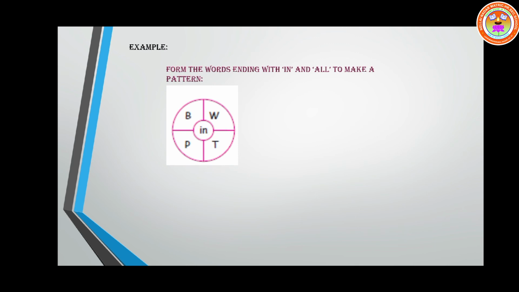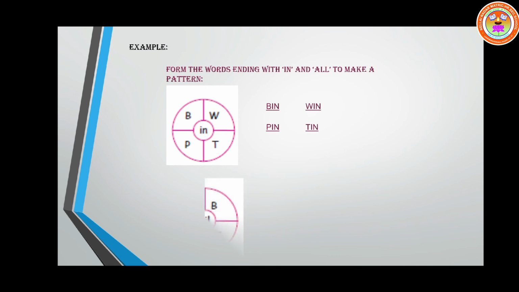Let me start with B. If I take B and join with IN, what is the word I get? Bin. Yes. Next, if I take W and join with IN, I get win. If I take P, it is pin. And with T, it is tin. So I formed words ending with IN.